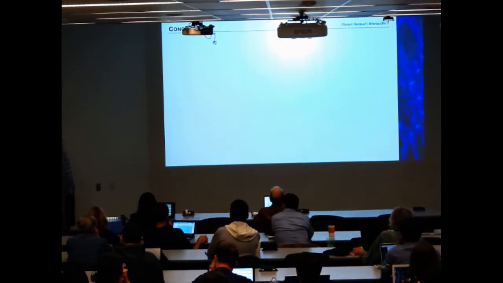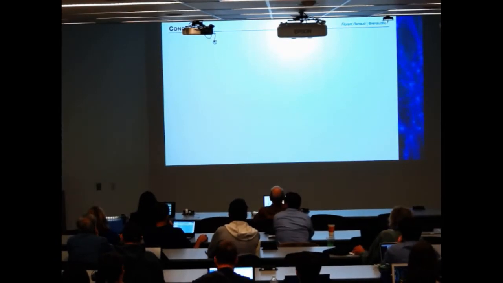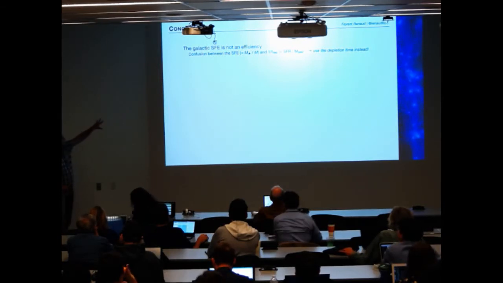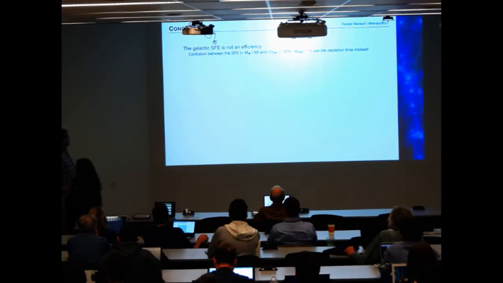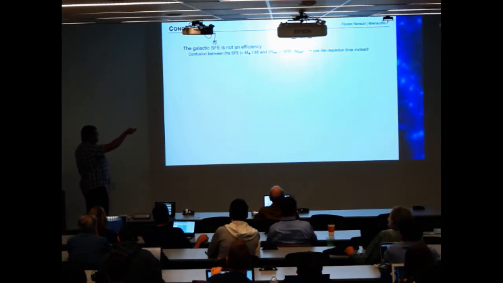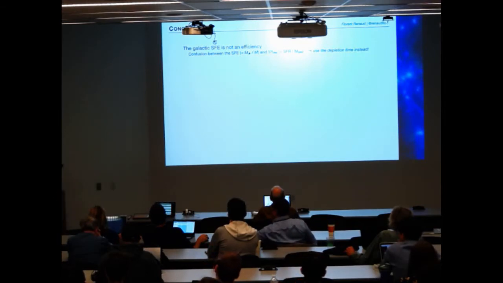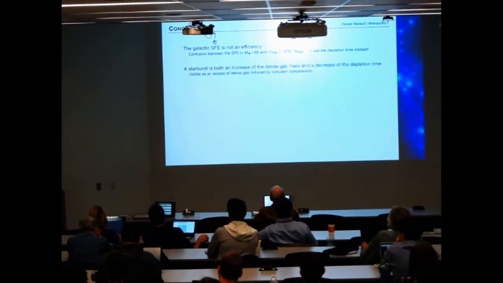So now it's time to reach my conclusions. I've told you today that the SFE is not an efficiency. Please consider that it's very confusing to have two star formation efficiencies, and instead please use the depletion time. It's just the inverse of your SFE that you like. It's exactly the same. I've told you that starburst is both an increase of the dense gas mass and a decrease of depletion time.